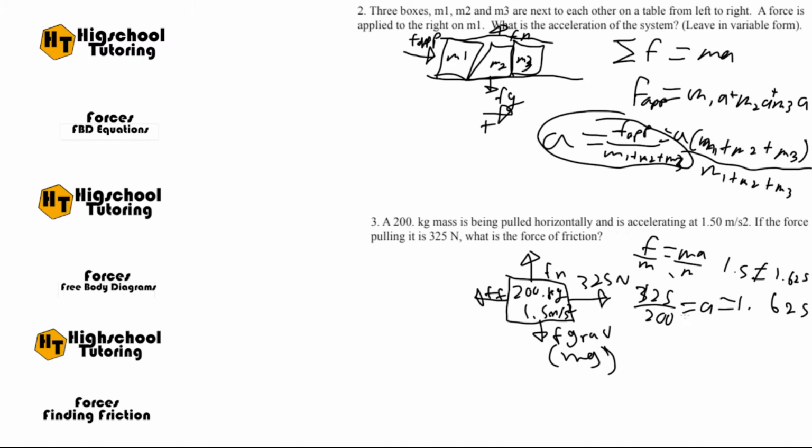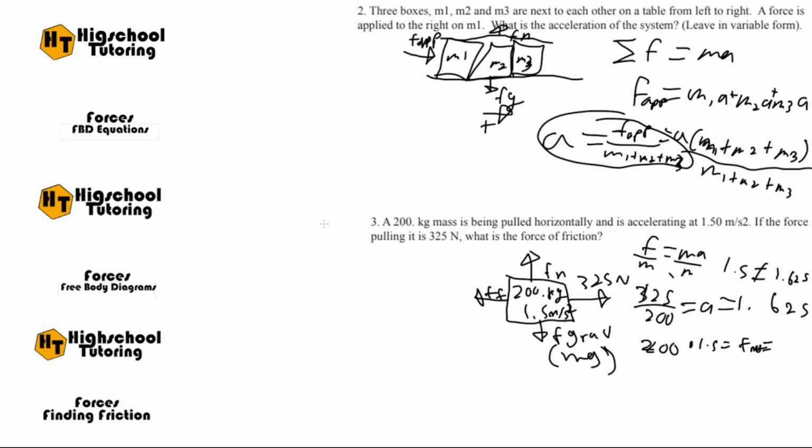So what we're going to do now is still use F equals ma, and multiply its mass times the acceleration that we're given. So 200 times 1.5 is equal to our F net, and that is equal to 300.